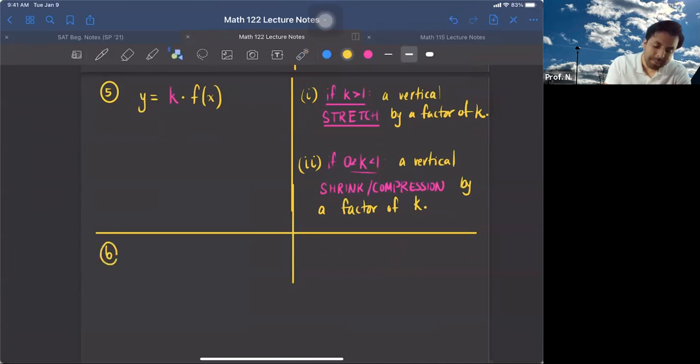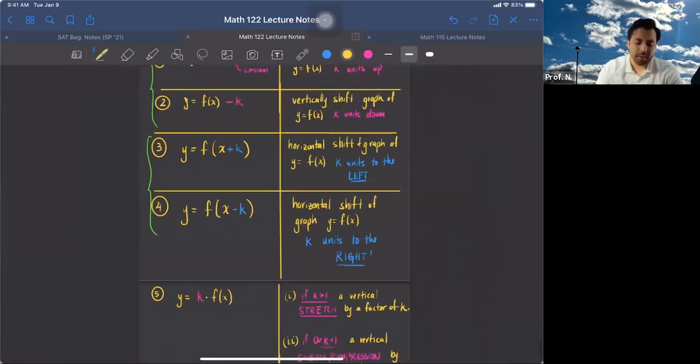So the fifth one is a vertical stretch or compression command. Now for number 6, we have the horizontal stretch or compression command. This is when we have our function, and a number inside of it is multiplying x. You see how there's a comparison between these commands.